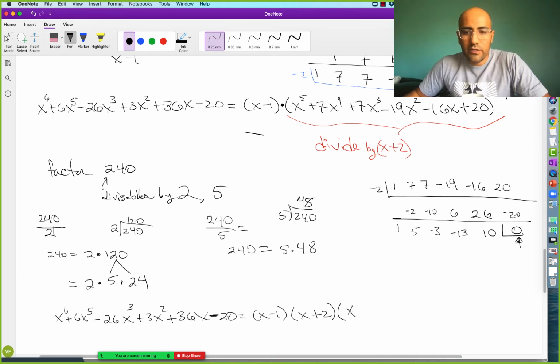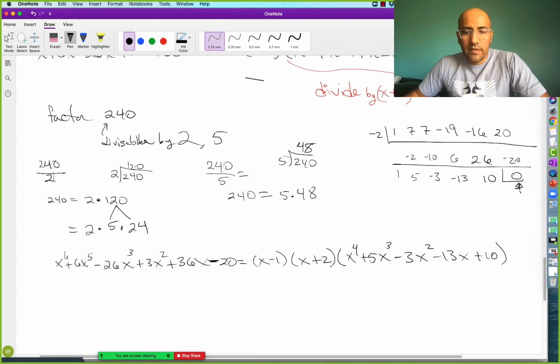We're slowly chipping away at this thing. Degree 4: x to the 4th plus 5x to the third power minus 3x squared minus 13x plus 10.